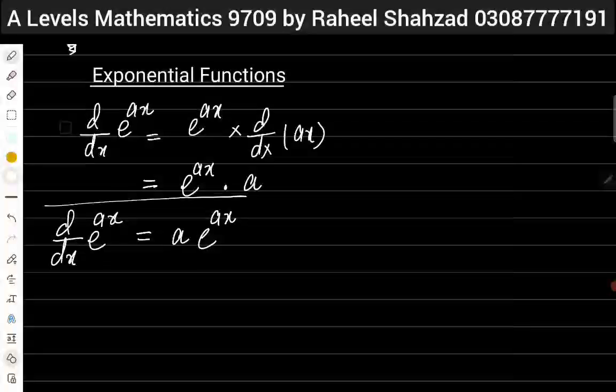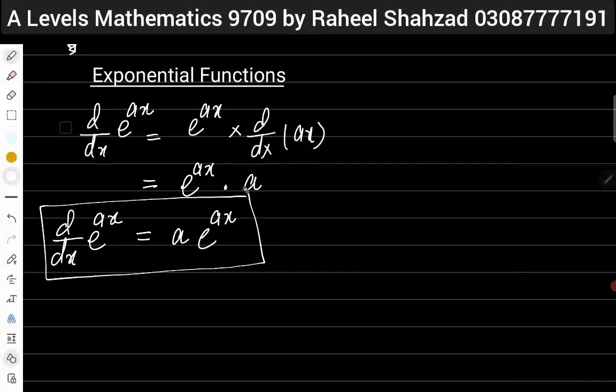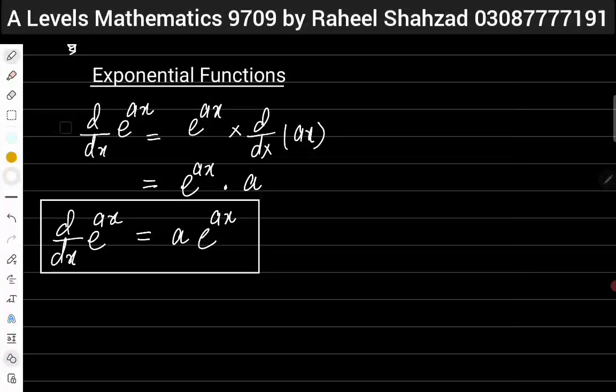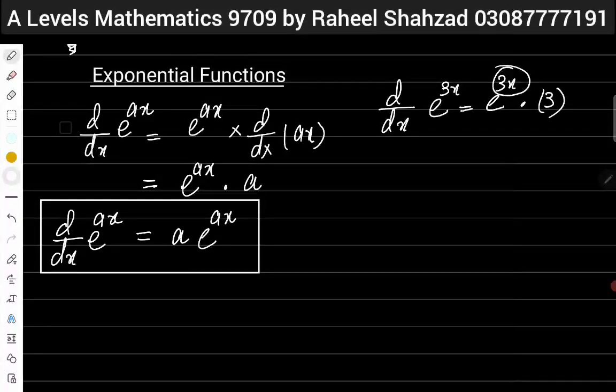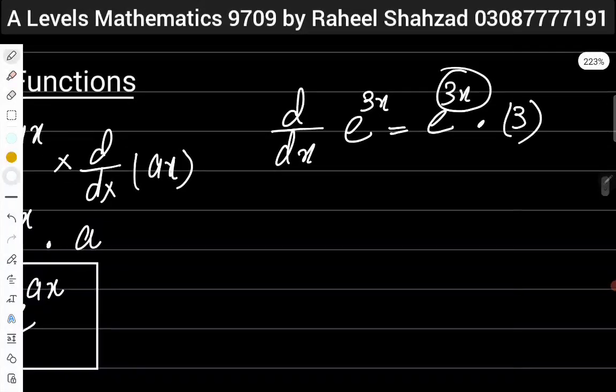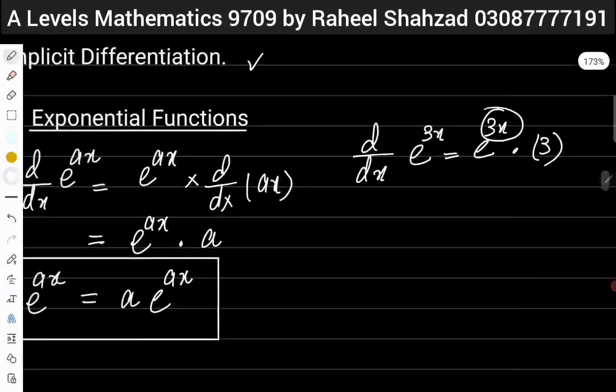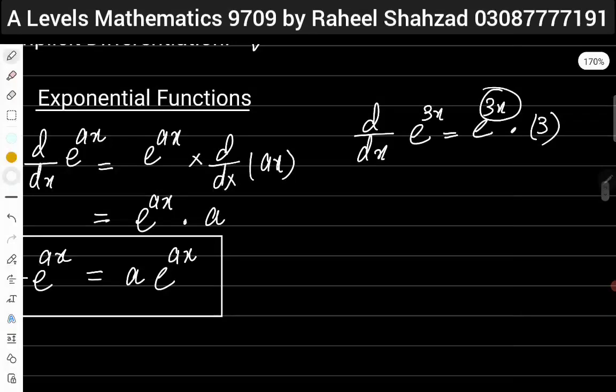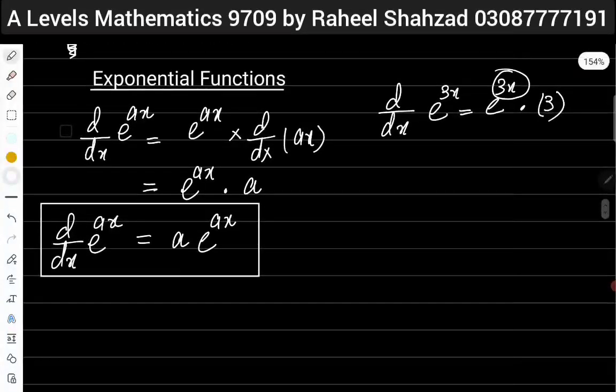Now for example, if I have e raised to the power 3x, we need to differentiate it. So it's going to be e raised to the power 3x into the derivative of this power, that is 3, right? So that is going to be 3 e raised to the power 3x.